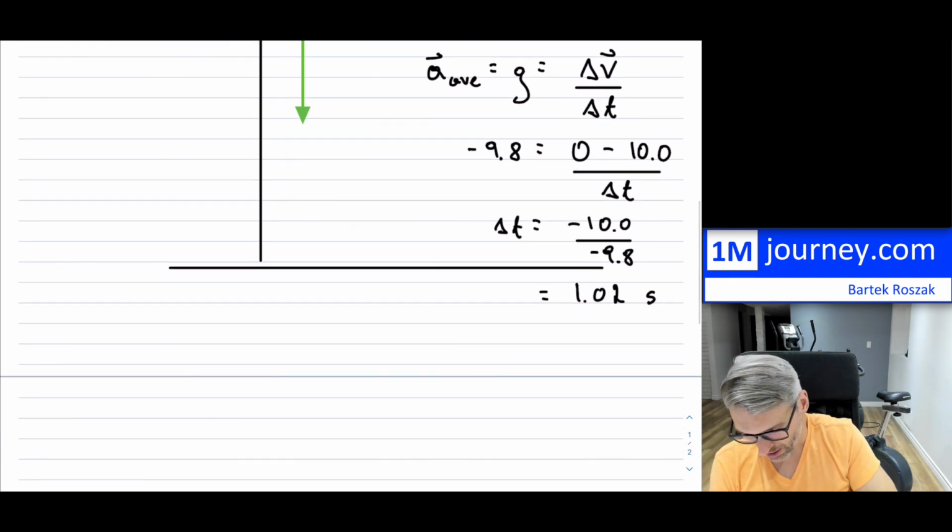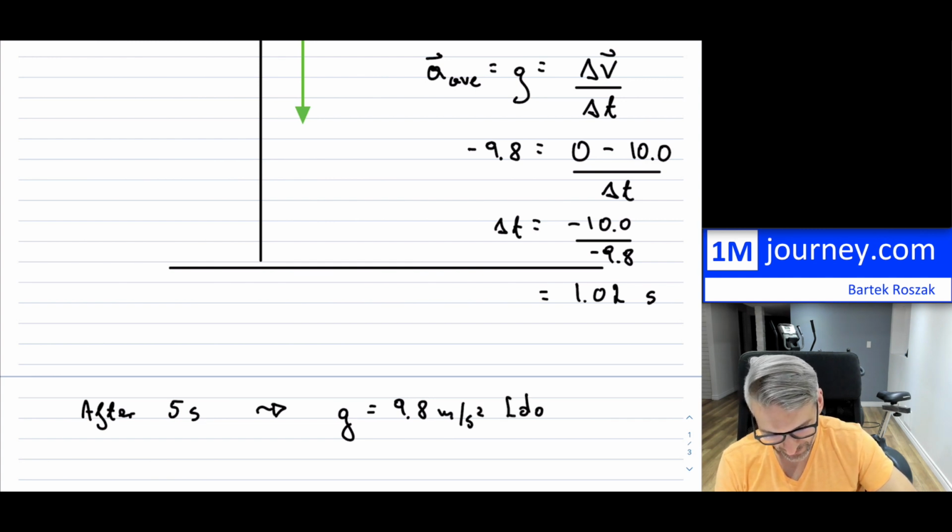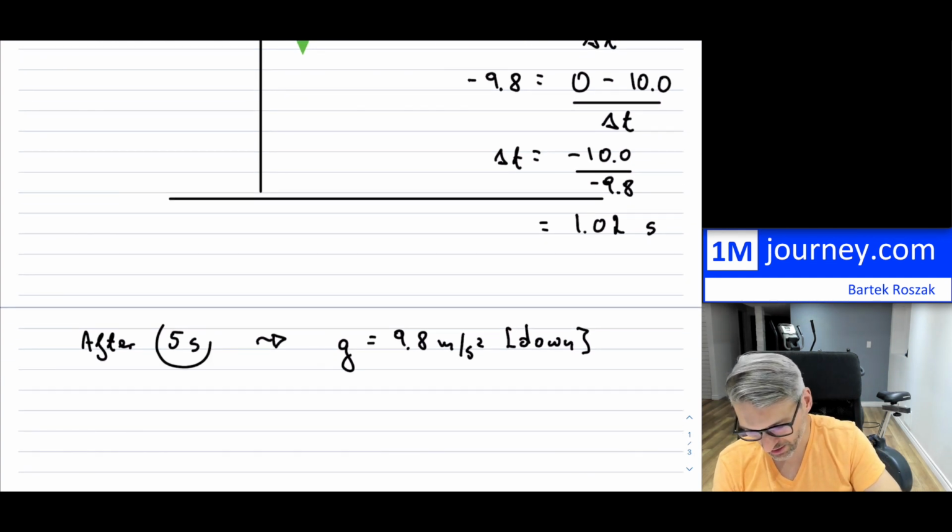Let's say after 5 seconds, if you assumed that g was 9.8 meters per second squared down, how quickly would something be moving after 5 seconds, right?